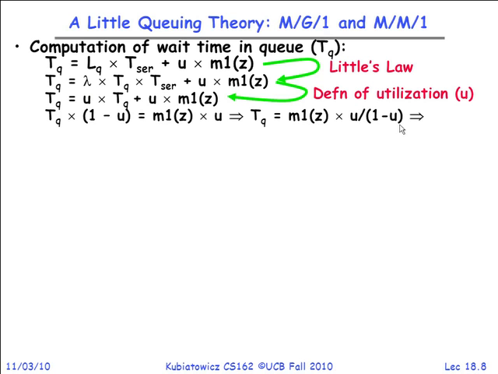Ignore the man behind the counter. So what's interesting about this equation? What happens as U goes to 1? The line gets infinitely long, or the time in the queue gets infinitely long. All right, so here it is. I just substituted M1 of Z in here.